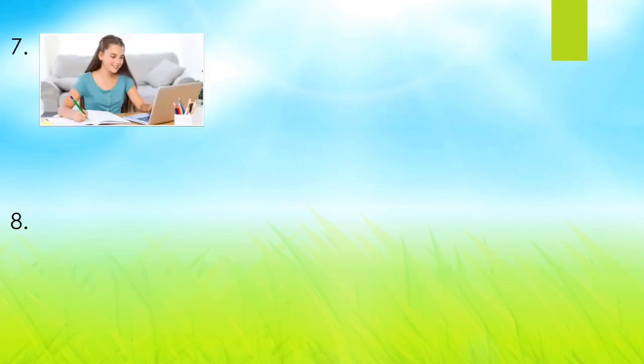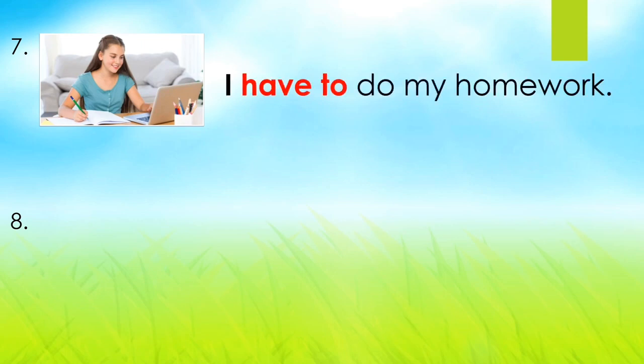Very good. Now, number 7. I have to, or I am not allowed to? Yes, very good. I have to do my homework. Again, I have to do my homework.